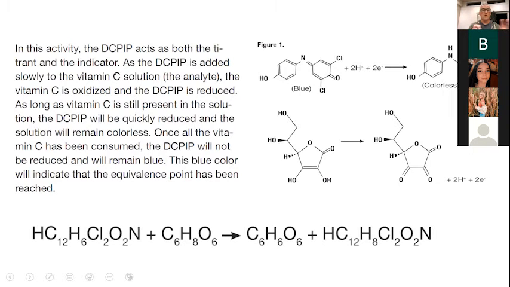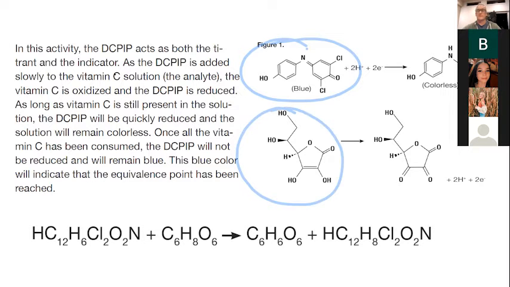So this is the overall reaction. We start with oxidized DCPIP and reduced vitamin C. Then electrons are lost from the vitamin C. When you lose electrons, you're being oxidized.